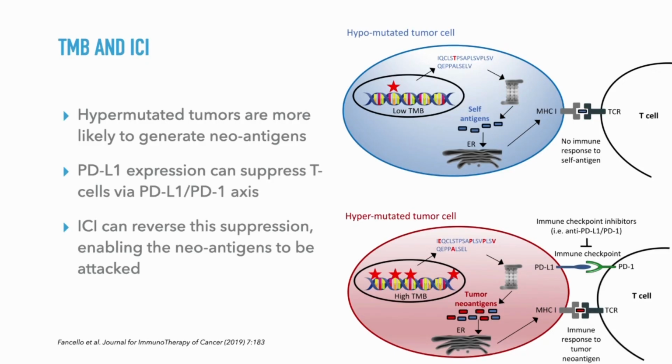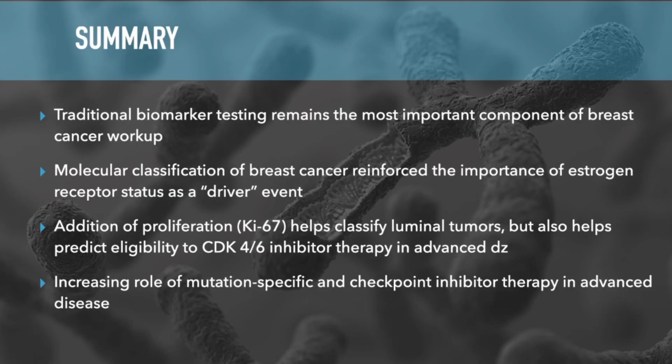And here is an example of a hypomutated tumor on top versus a hypermutated tumor, which qualifies the patient to immune checkpoint inhibitors.